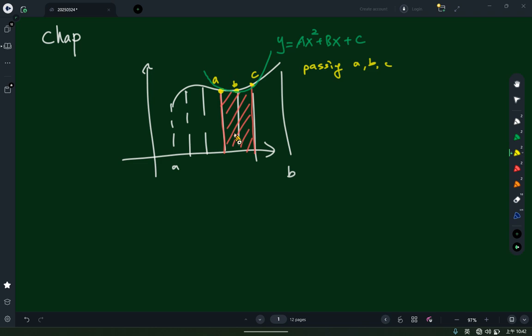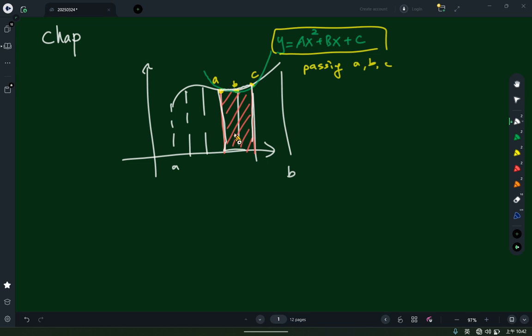That means I try to use this parabola to mimic the curve. So you can see the true value is here.